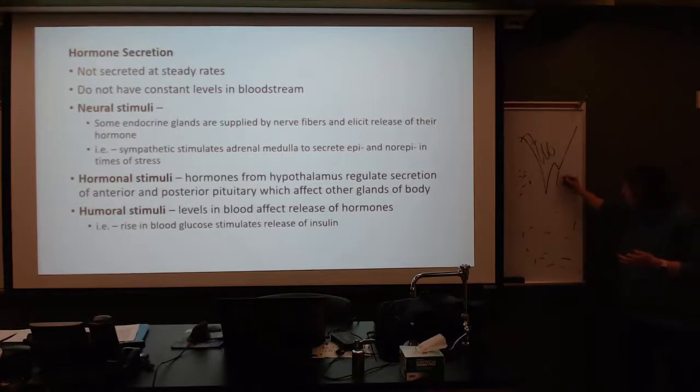Now, if I've got my little infundibulum coming down to my pituitary gland, and I'm drawing my tracks, because if I have my anterior and my posterior, remember I've got the portal systems. So I've got a portal system going to the posterior and a portal going to the anterior.